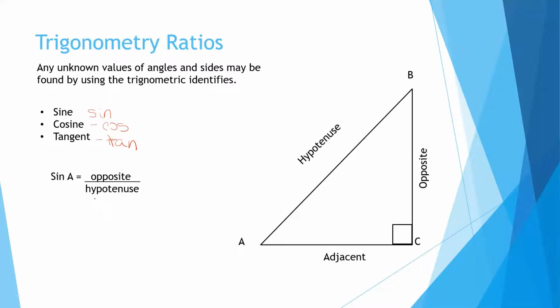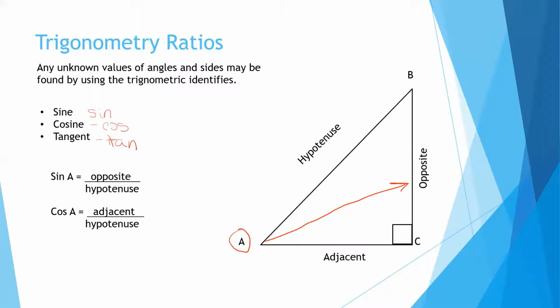So when we start talking about angle A, sine is equal to the value of the opposite side over the hypotenuse. Okay, so sine A, we talk about this angle right here, is equal to the opposite over the hypotenuse.